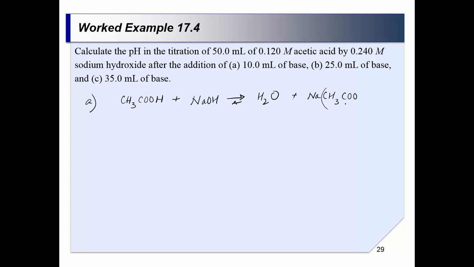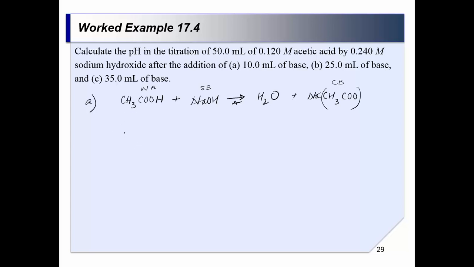Now the sodium acetate, if I ignore the sodium here and just look at the ions, this is my conjugate base. Okay, so this is my weak acid, and here is my strong base. Now this is a one-to-one relationship, and that's all that we're doing right here, so you don't have to worry about stoichiometry quite yet. But to calculate the pH, I need to look at how much of everything I have.